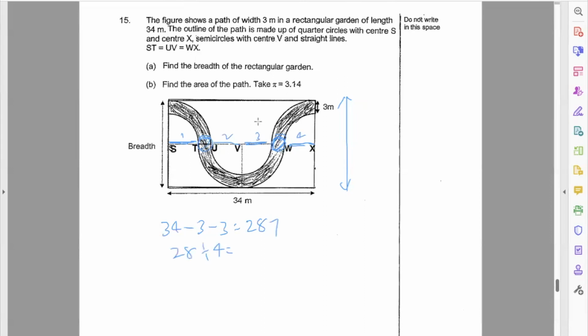So, wait, what is this? 7. So 7 is the radius of the small quadrant. Okay, we'll clear up this one.